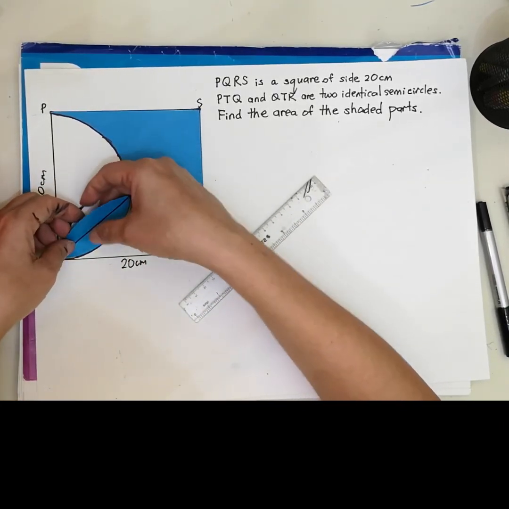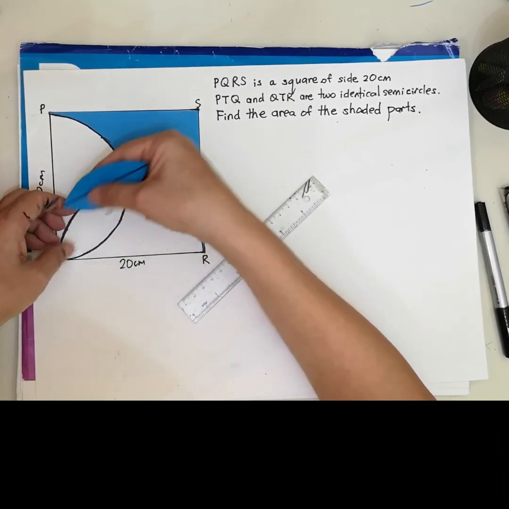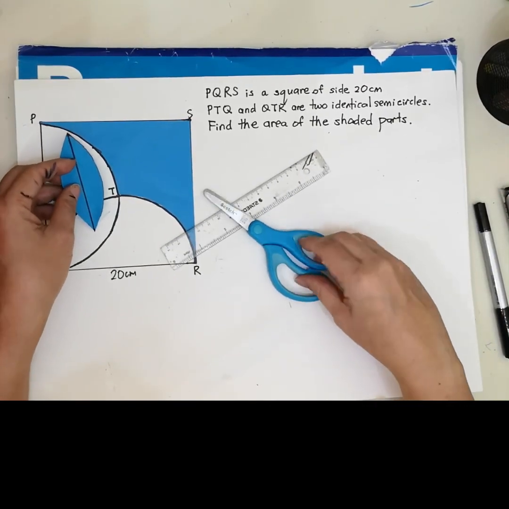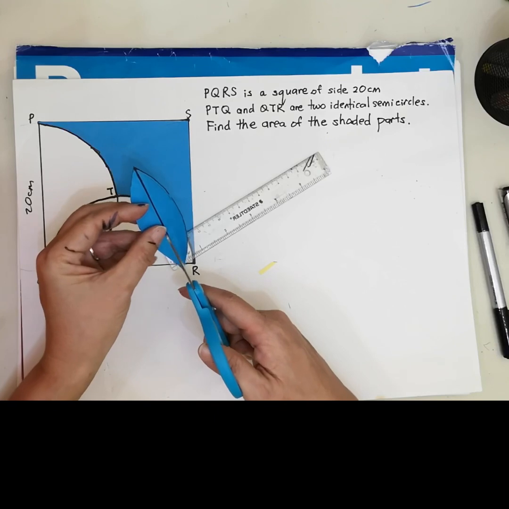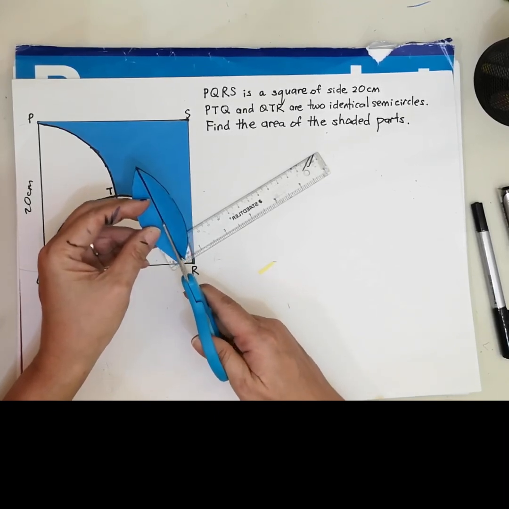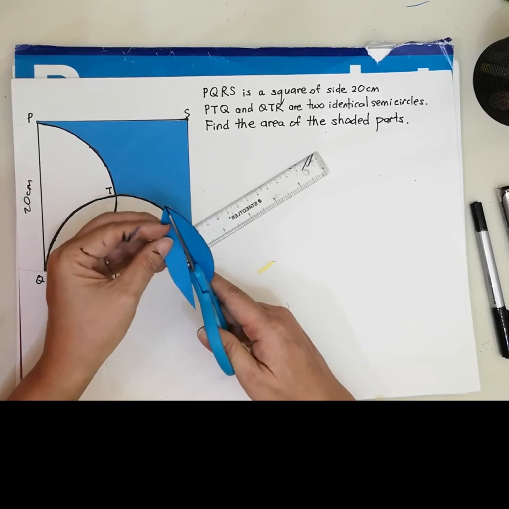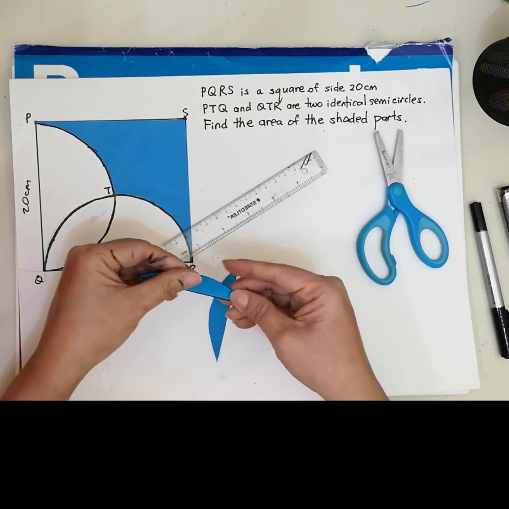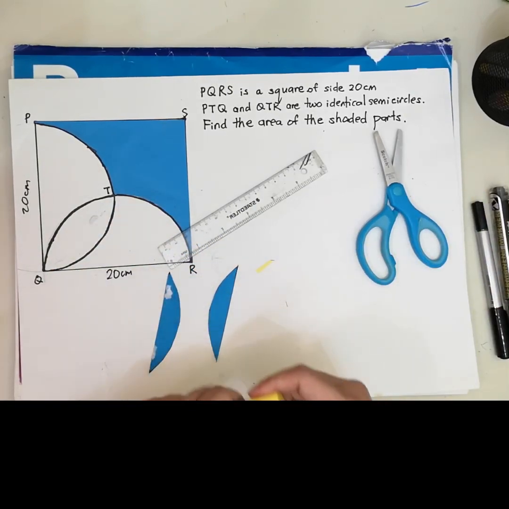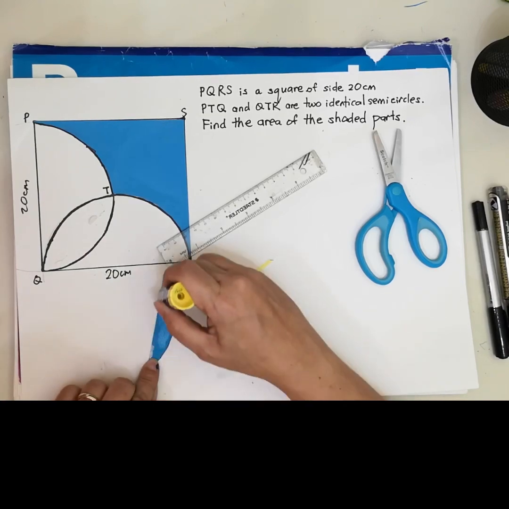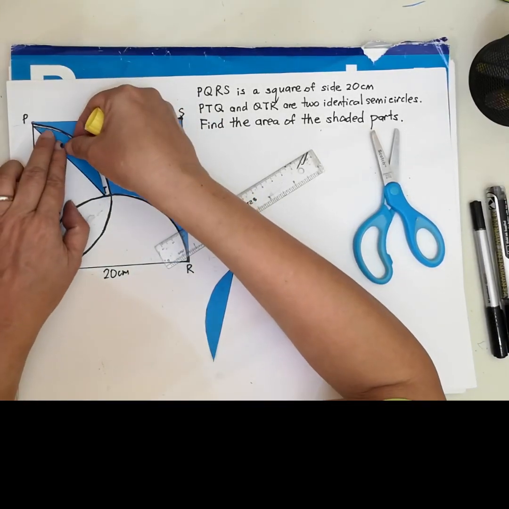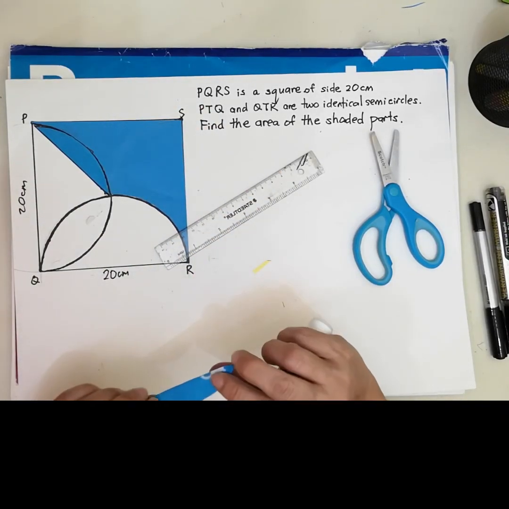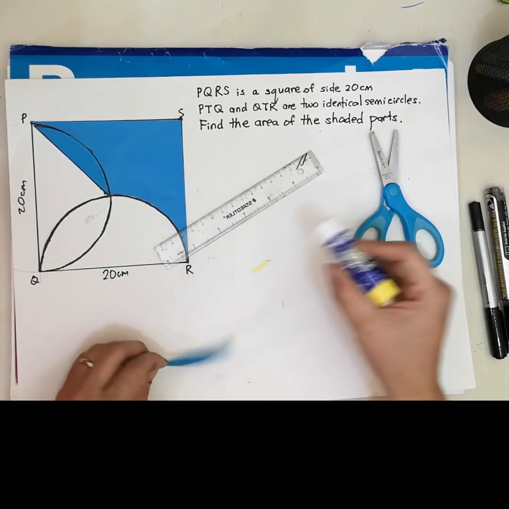Okay, I'm going to remove it from here. So what I'm going to do is I'm going to cut this into halves. Okay, then I'm going to place this half over here. Okay, and I'm going to place the other half over here.